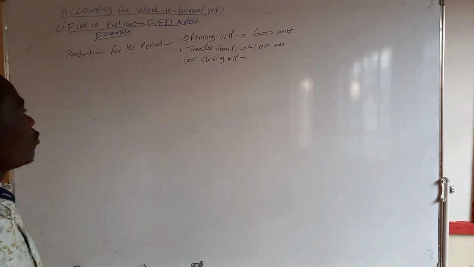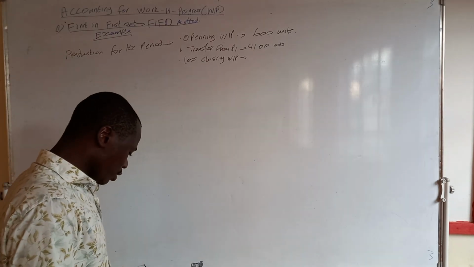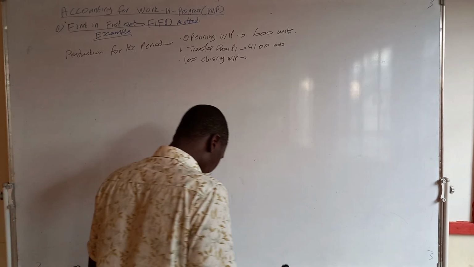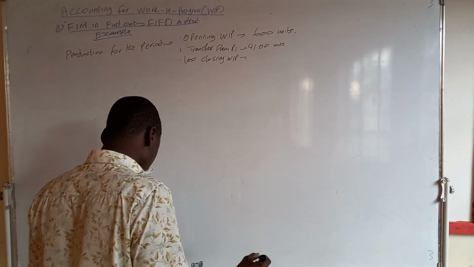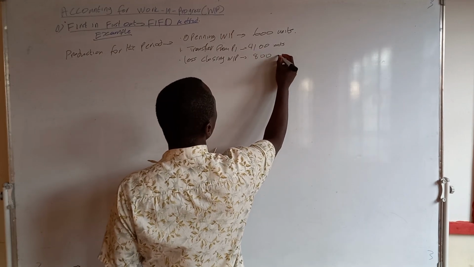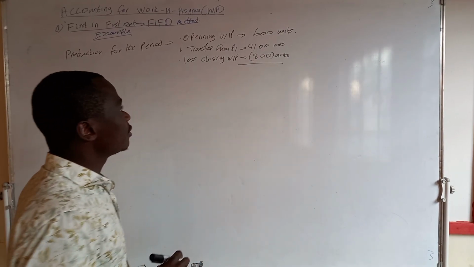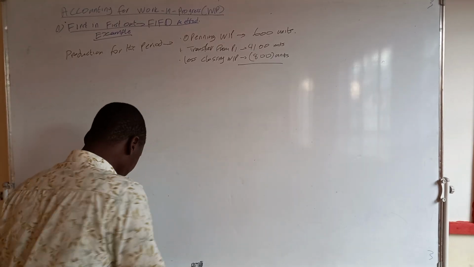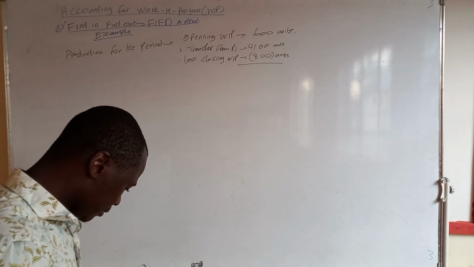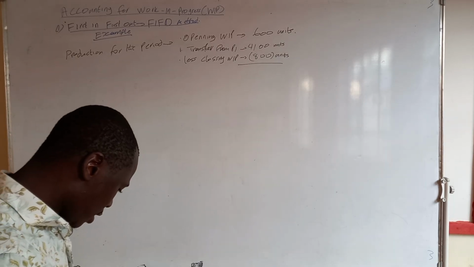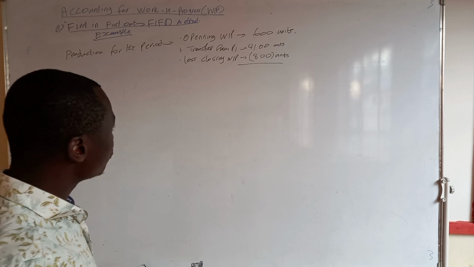That was 800 units. So we have 600 plus 4,100 minus 800. We have 3,900.